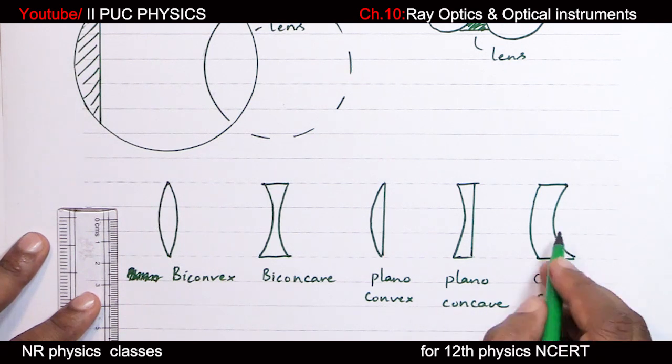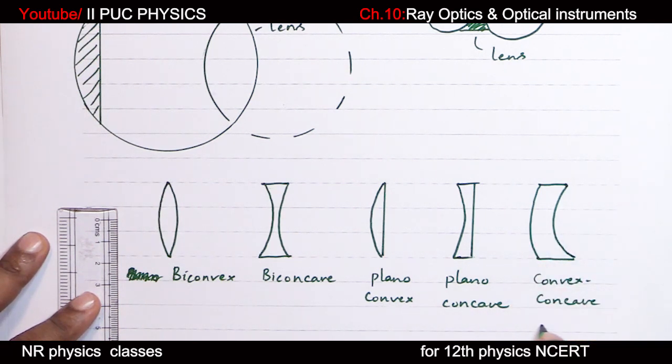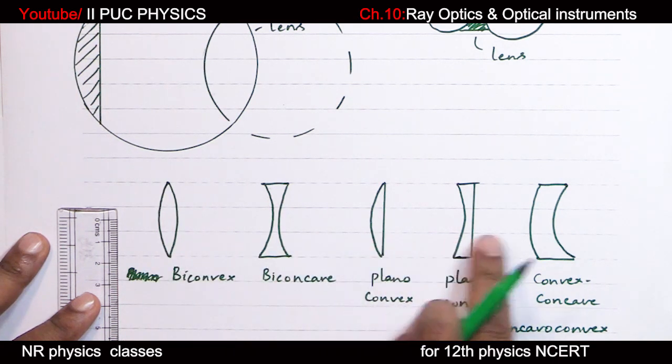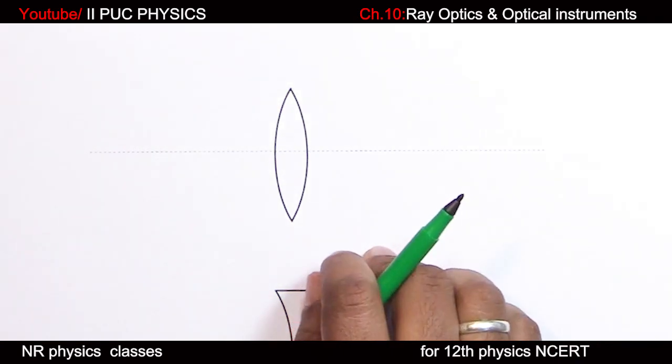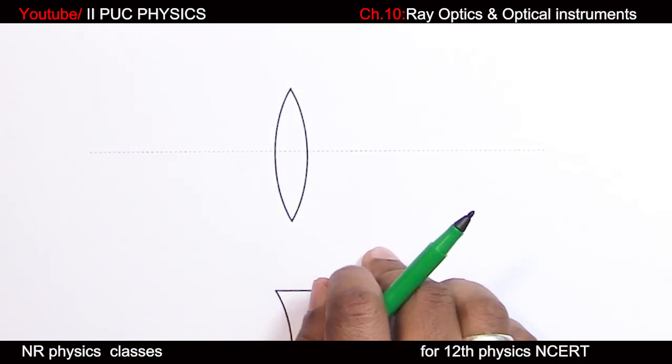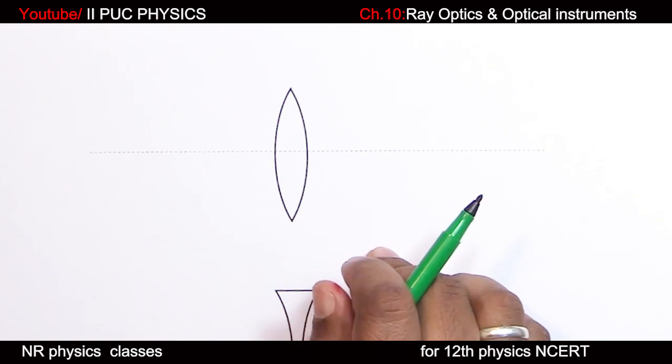Sometimes it is also called concavo-convex. So these are different types of lenses. Now let us find focus and focal length in the case of convex as well as concave lenses.